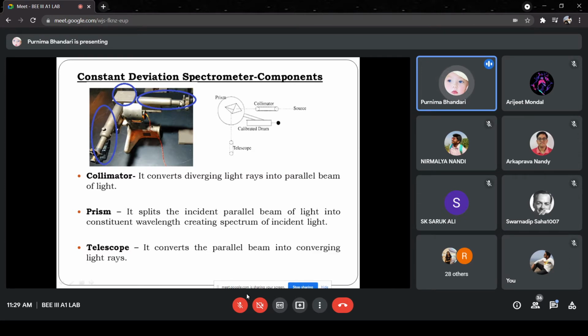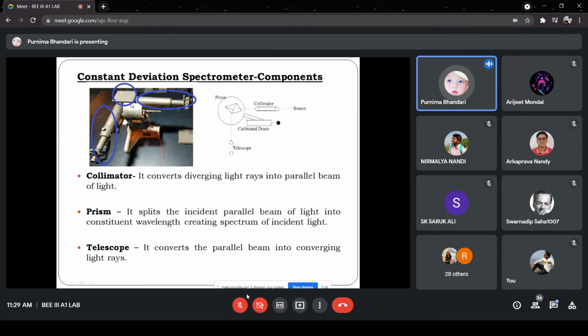So how can you differentiate between a collimator and the telescope? You will see there is an eyepiece here. From there you can understand which one is the telescope and which one is the collimator. What is the purpose of the collimator? It converts the diverging light rays into a parallel beam of light.